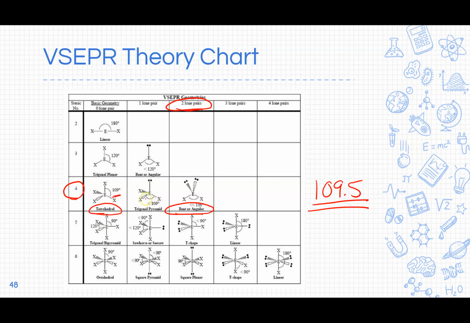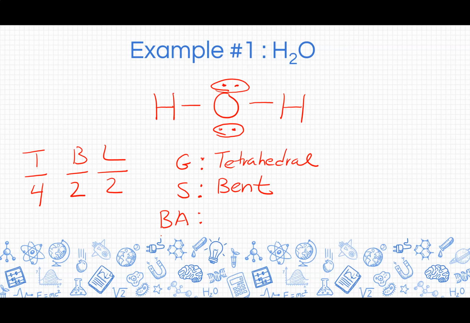But for every lone pair that you have, it actually makes it a little bit smaller. That's why you can see that they've written 109, and then when there's one lone pair, they said less than 109, and when they had 2 lone pairs, they said even less than 109. So I would normally just say less than 109.5 degrees.